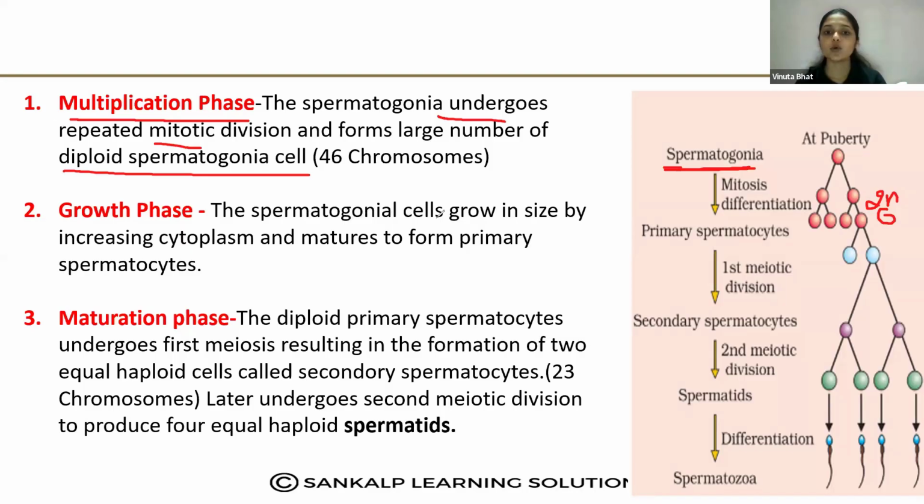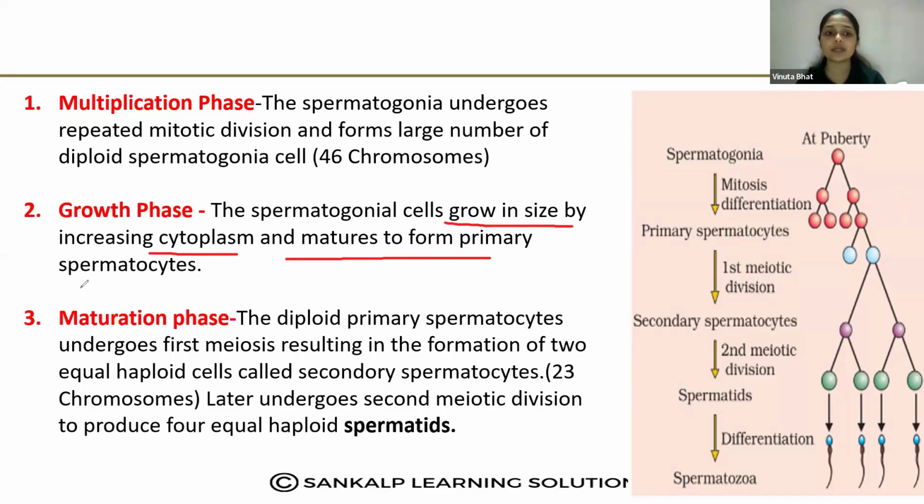Here the spermatogonial cells grow in size by increasing the cytoplasm and mature to form the primary spermatocytes. So the spermatogonia develop into primary spermatocytes.